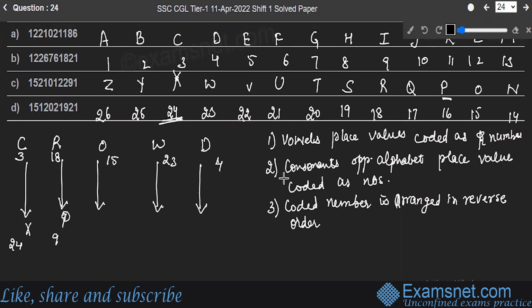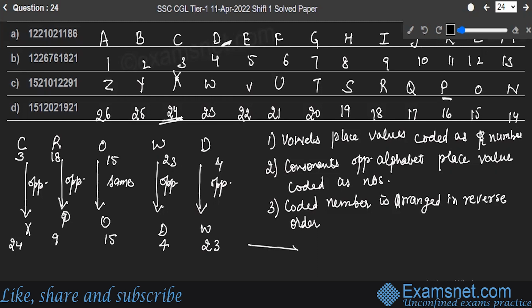And for O, you have to take the same because this is a vowel, so it will be again O at number 15. What is the opposite of W? W has D as the opposite and D has W as the opposite. So this is at place 4 and this is at place 20.